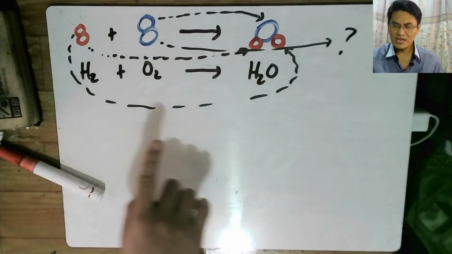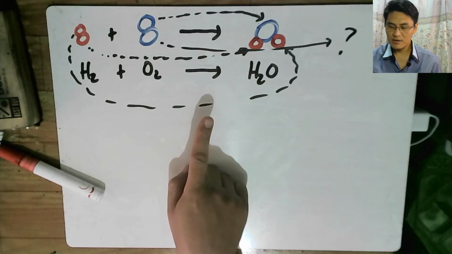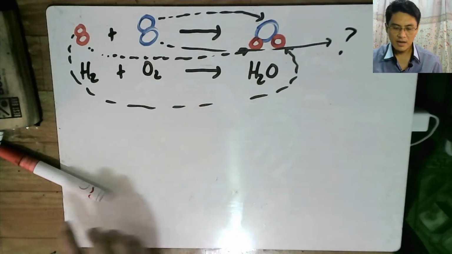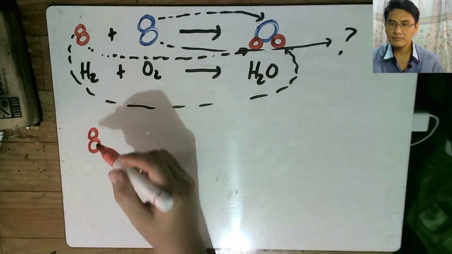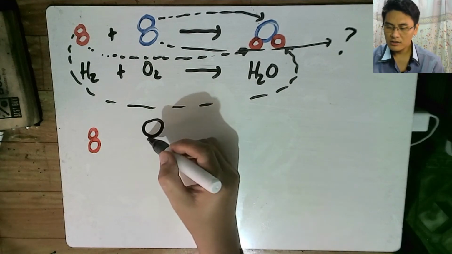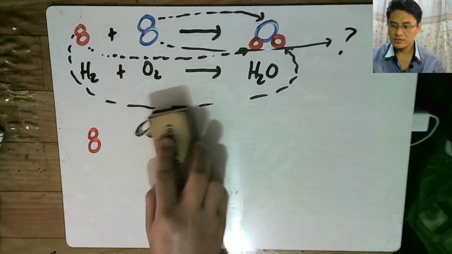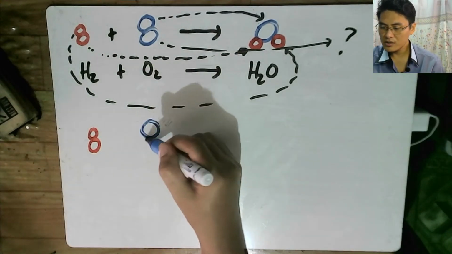So if I'm really going to be realistic, right? If I'm going to depict this one in a realistic sense, then I would say, well, maybe you have the hydrogen atoms reacting with the oxygen atoms. And let me change this to blue because we used blue before, oxygen atoms.